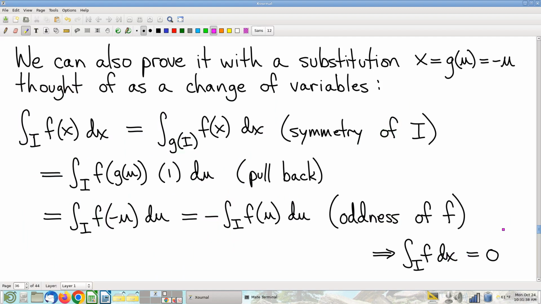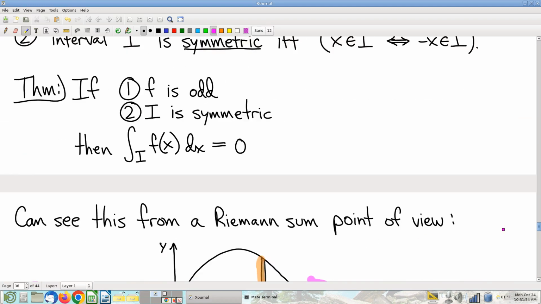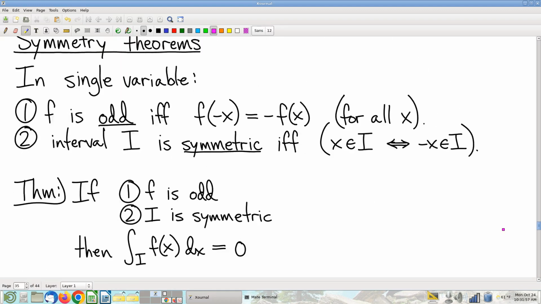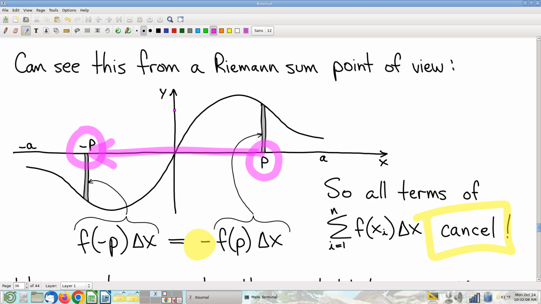And with that groundwork laid, we're now going to talk about a two-dimensional version. And everything that I've said about single variable symmetry, there is a two-dimensional version of it. Let's talk about reflections first. So with single variable, we talked about, given some value, you can look at the negative of the value, and I noted that you can think of that as reflection over the origin.